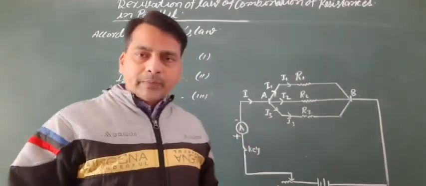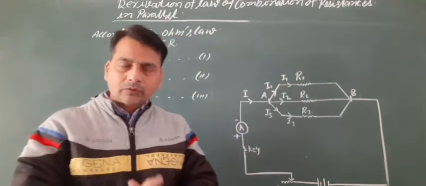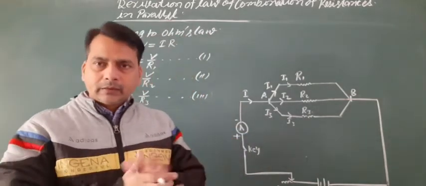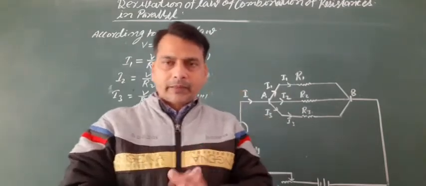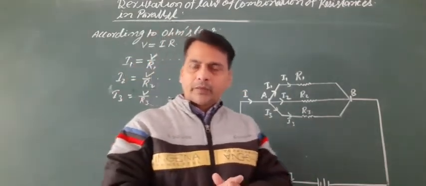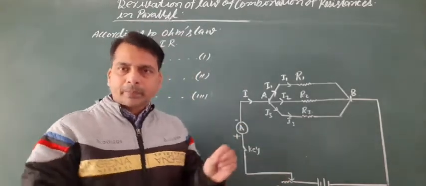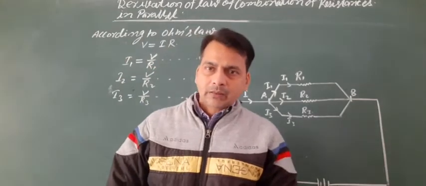In this circuit, if the resistors are used in parallel combination, as you know, the potential difference across each resistor will be the same and the electric current will be different.